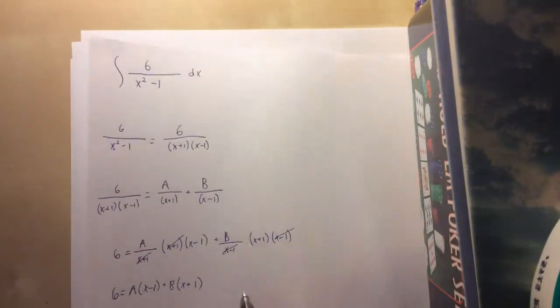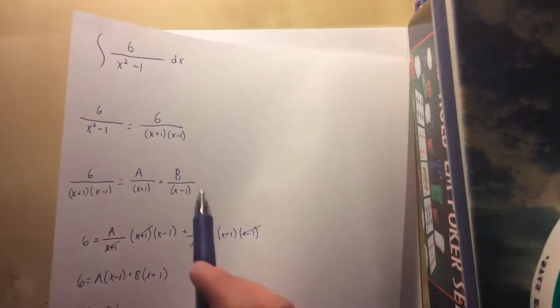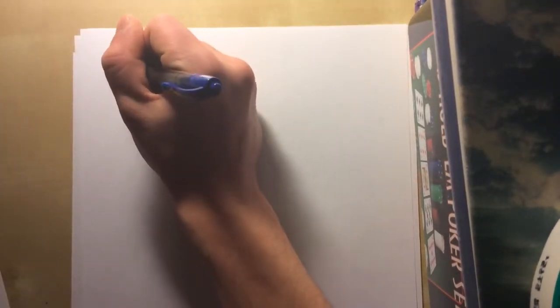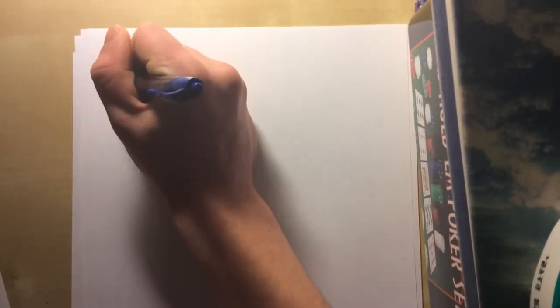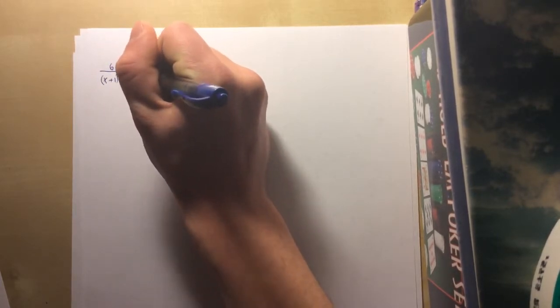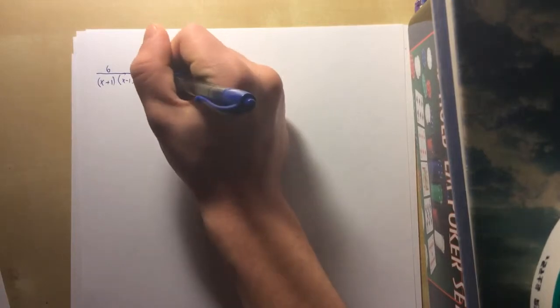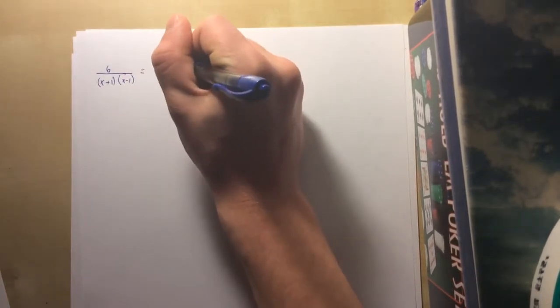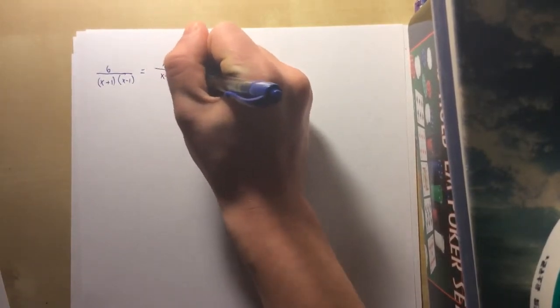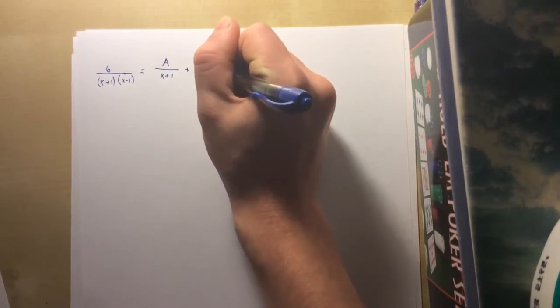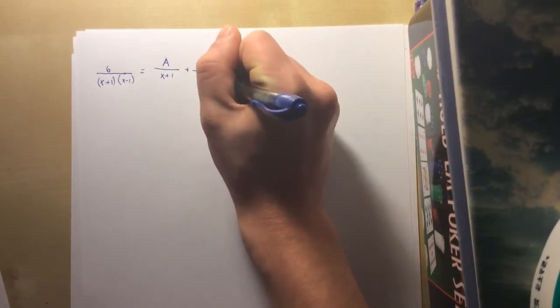We have 6 over x plus 1 times x minus 1, which was just our integrand in the question, equal to a over x plus 1 plus b over x minus 1.